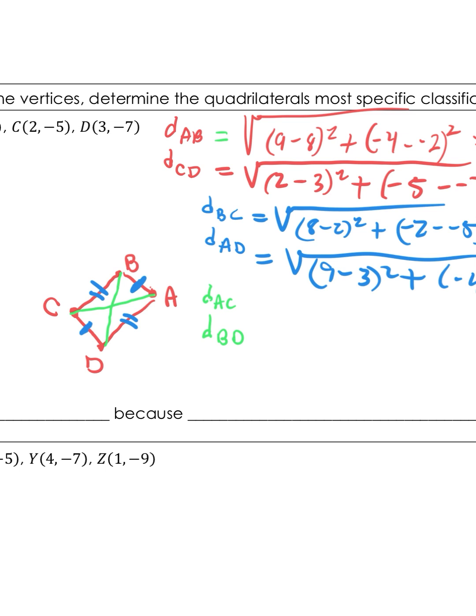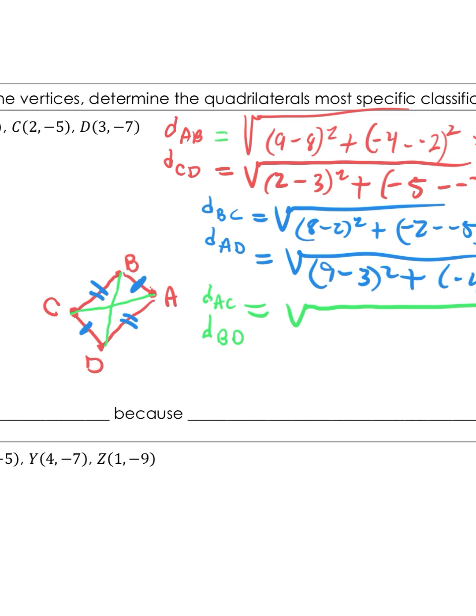We need to look at the diagonals to determine exactly what this thing is. So the distance for AC, this is the diagonal, AC. Let me pick a different color. Green, okay. Equals the square root of, we're doing AC, so 9 comma negative 4, and 2 comma negative 5.